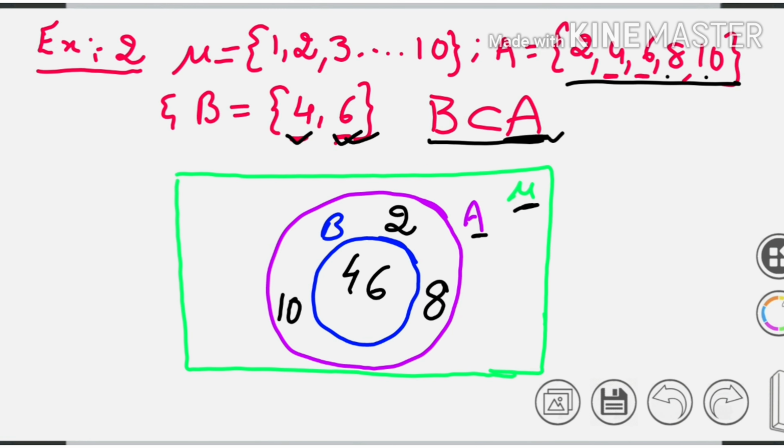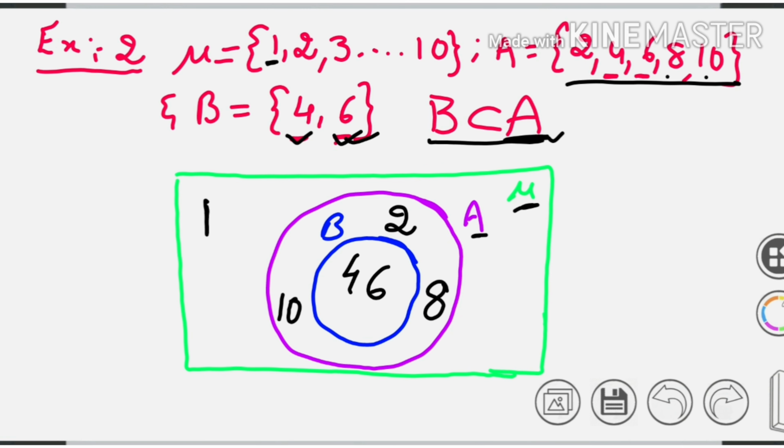So next we have to fill the elements in nu. Just see each and every element. Is 1 filled or not? No, there is no 1, so we have to write 1 outside A, inside nu, because we are filling nu elements. And 2 is covered here, so no need to write it once again.